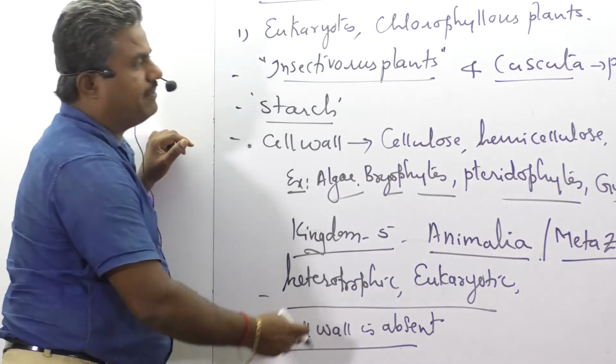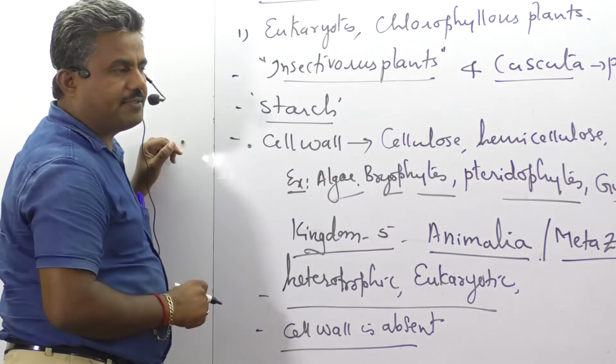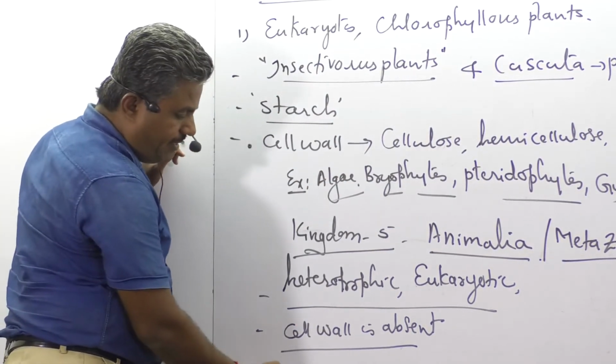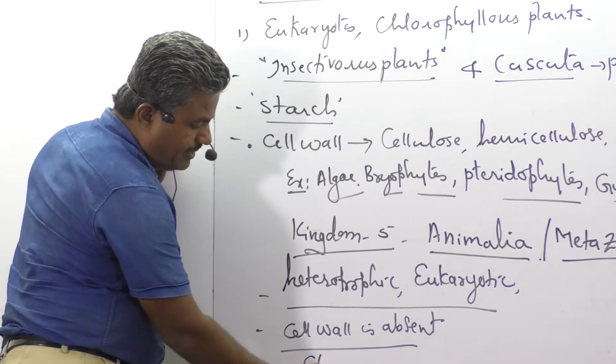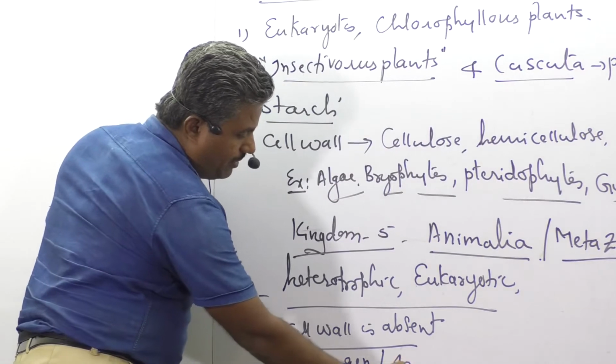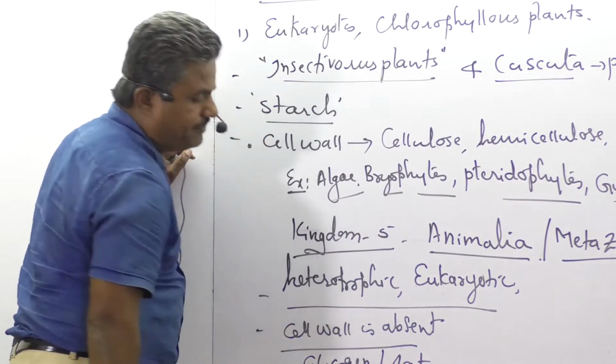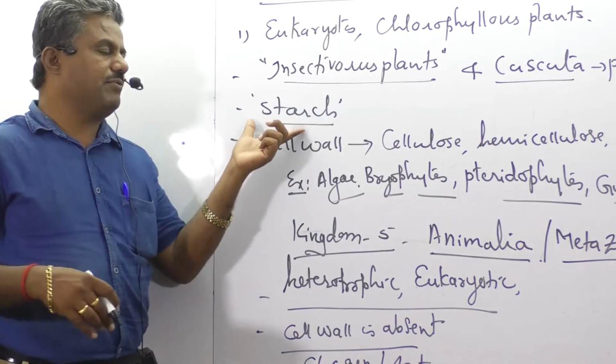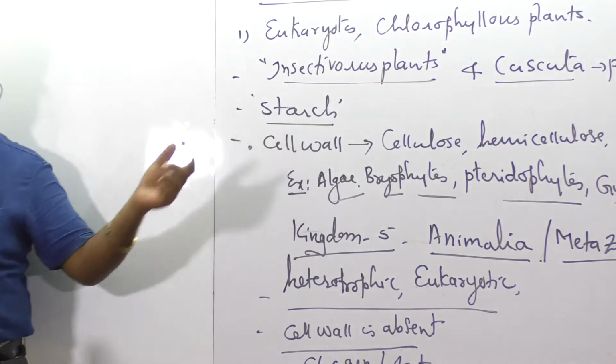A cell wall is not there, but a cell wall is present in plants. And then the reserve food material is glycogen or fat. Here in plants the reserve food material is starch.